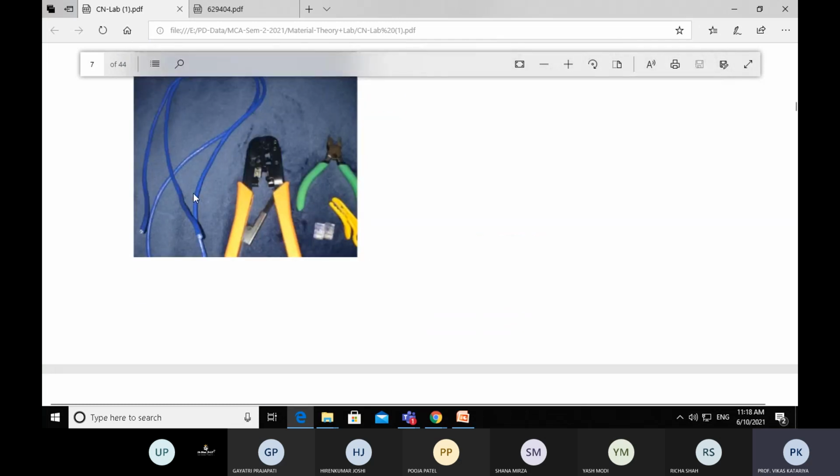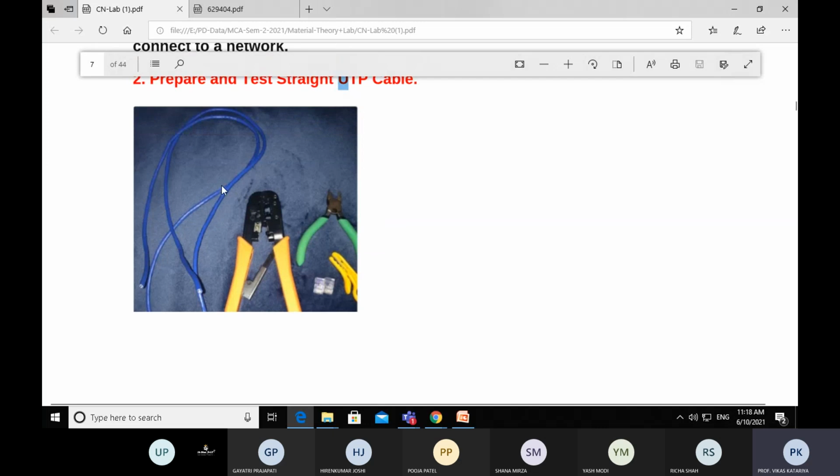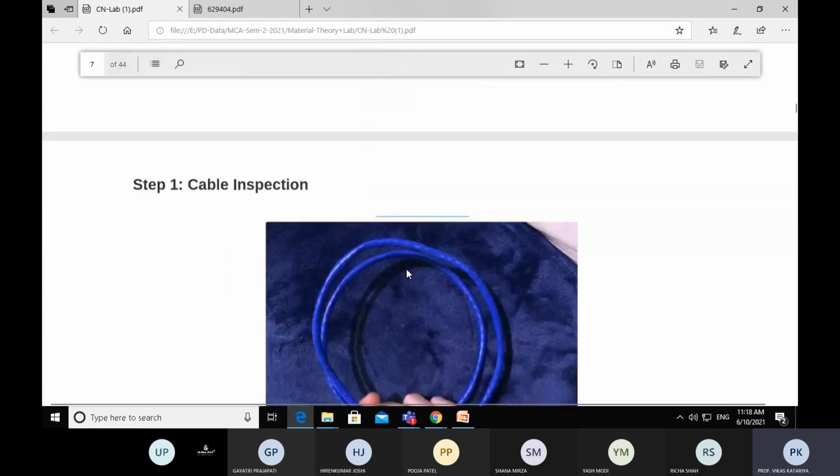We require a cable of a particular standard, a crimping tool, a wire stripper, RJ45 connectors, and some cleaning and straightening tools. So these are the tools we require.